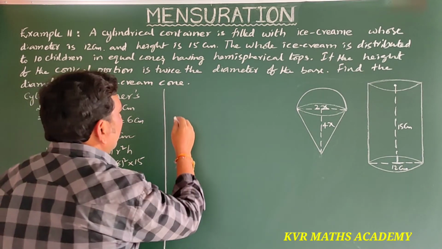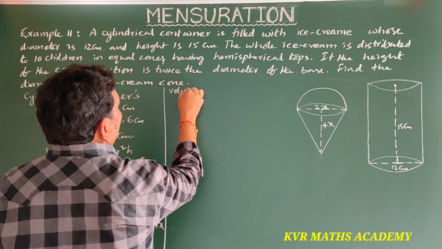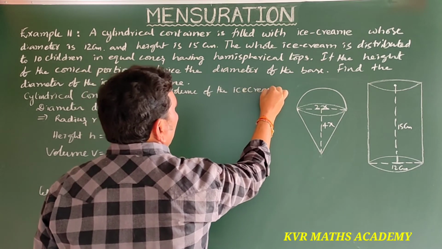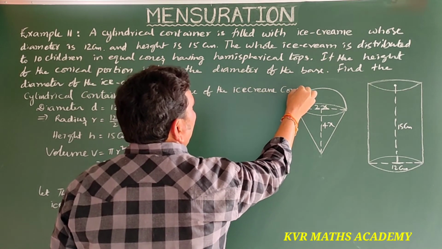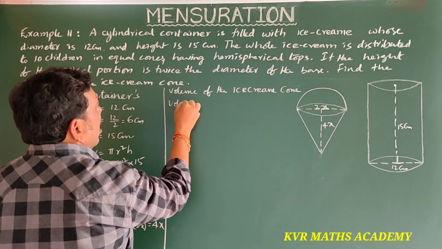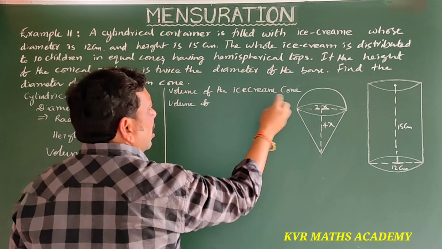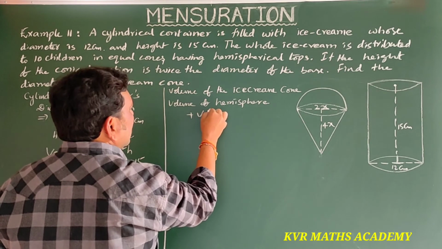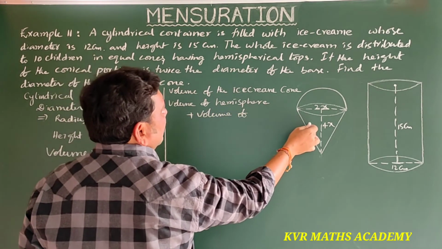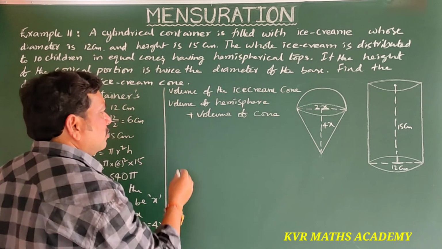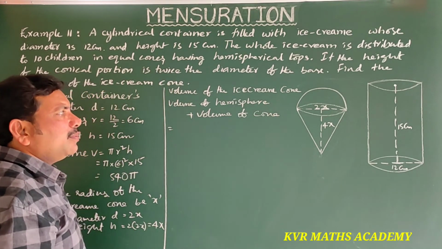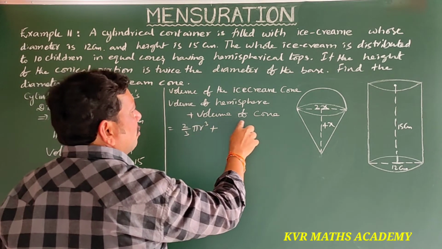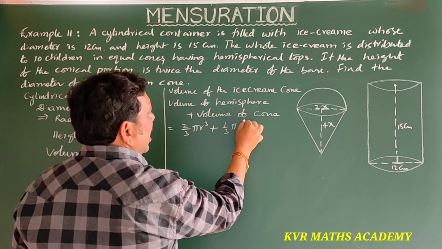Now, the volume of the ice cream cone is equal to the volume of the hemisphere plus the volume of the cone. The formula for the hemisphere is 2 by 3 pi r cube, plus the volume of the cone, 1 by 3 pi r square h.